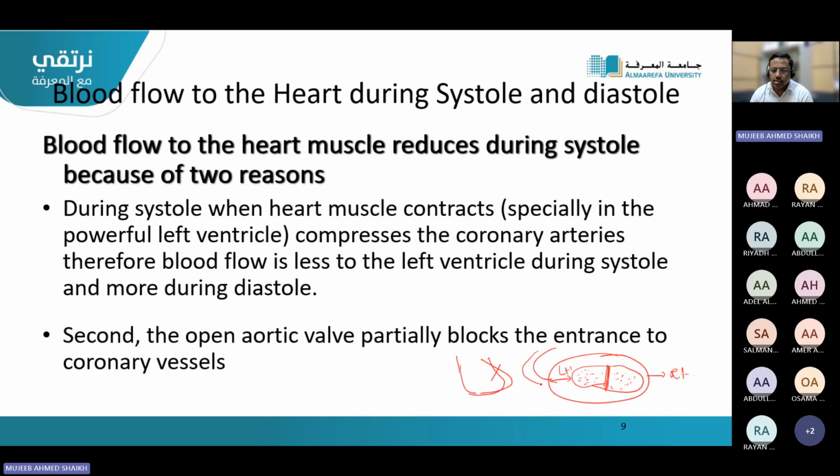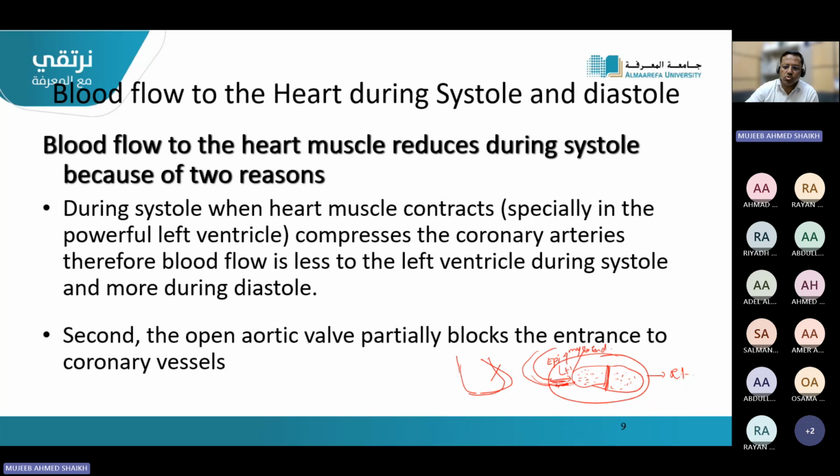Let's say the left coronary brings the blood, and it travels till the last. There is the epicardium, outermost, then the myocardium, the middle one, and the endocardium, the innermost. These are the three layers of the cardiac muscle. Blood passes from epicardium to endocardium, lying within the muscle.